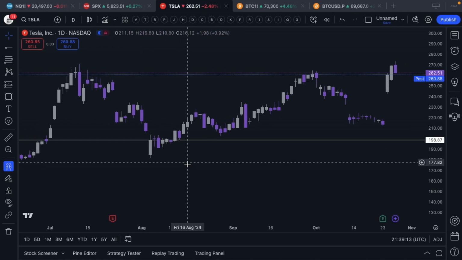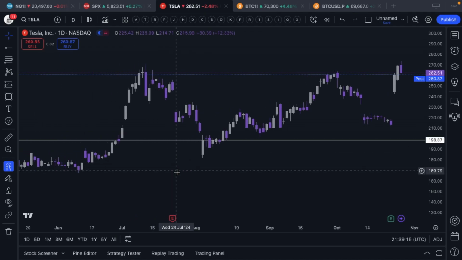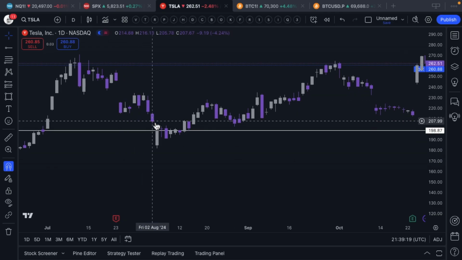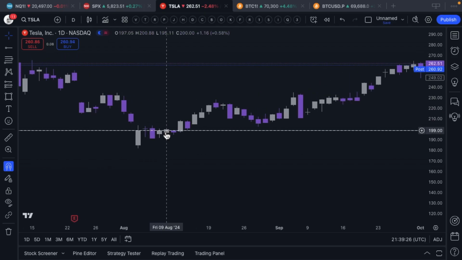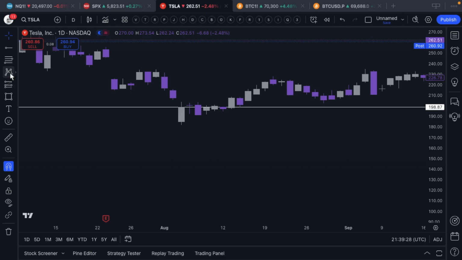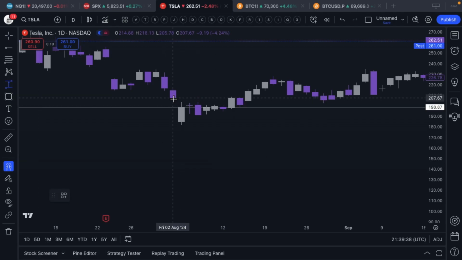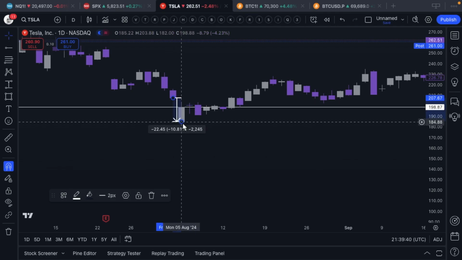All right. For example, you can see here we've got this move down on Tesla, big gap down. All right, so here we have a huge gap. So this is where price closed, this is where price opened. And these are the kinds of moves that make people very, very emotional.